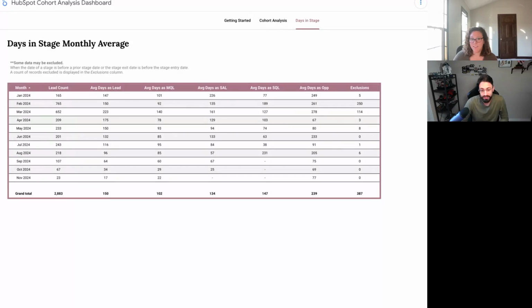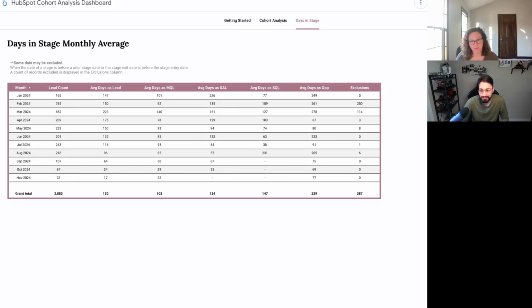That's a long time, that's a good chunk of time. Yeah, leads are sitting in MQL for the entire quarter in this dummy data that I have in here. And that means that your planning has to extend well beyond a single quarter.